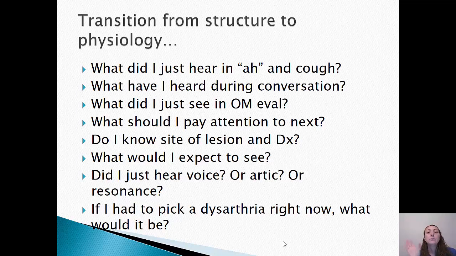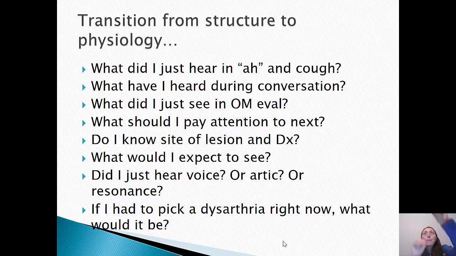And then we're doing these isolated tasks, AMRs, SMRs, prolonged vowels, we're moving through our systems, we might do some prosodic probing for prosody and intonation, rate, and inflection. We're doing some stress testing, having them count to 100, etc.